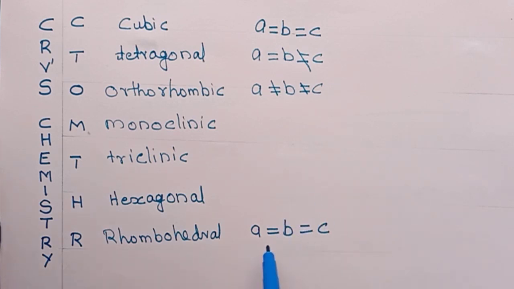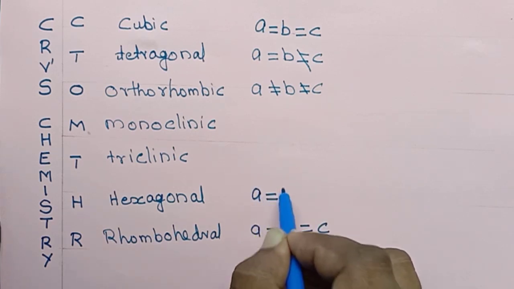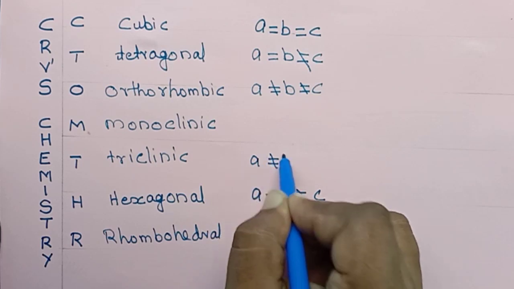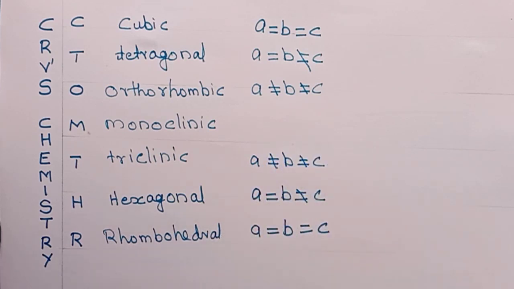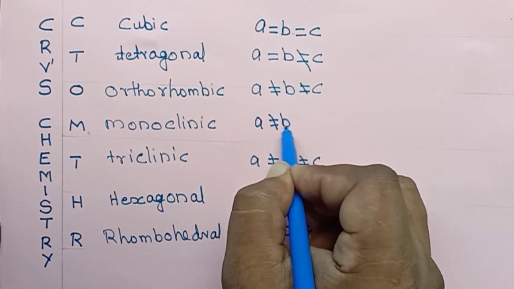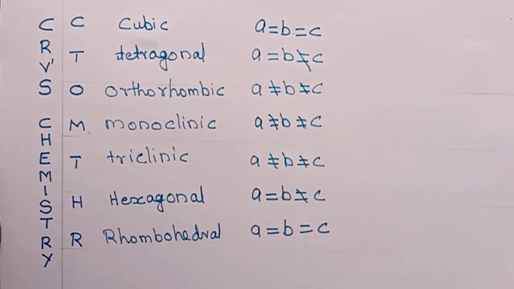The same thing is happening from the bottom to the top also: A equal to B equal to C, A equal to B not equal to C, and triclinic A not equal to B not equal to C. Now the one monoclinic in the middle, that's also A not equal to B not equal to C. So thus you can find a relation between the sides of all the 7 unit cells.